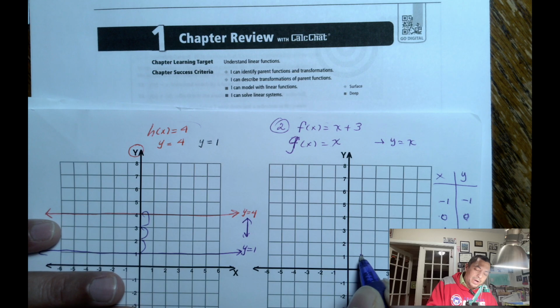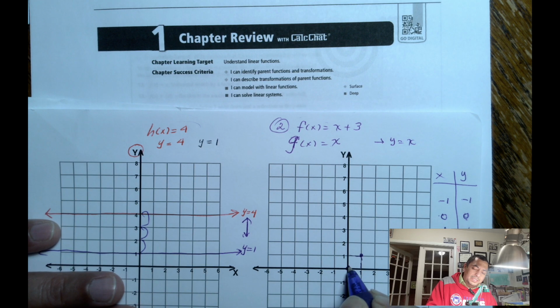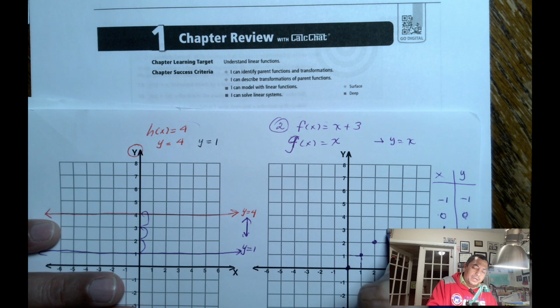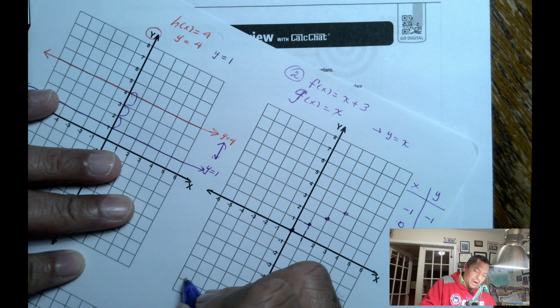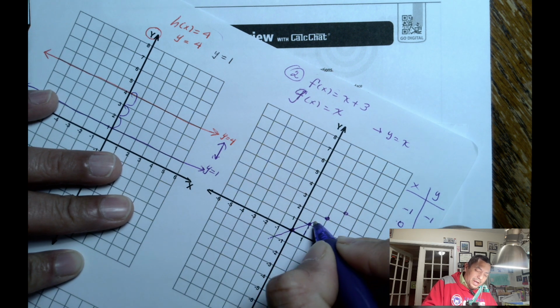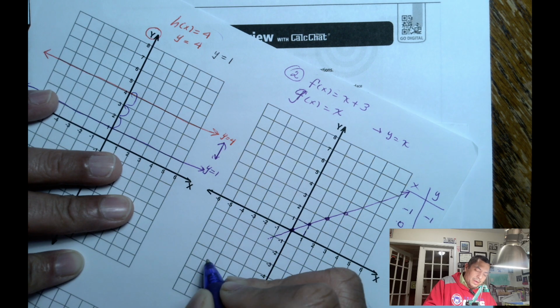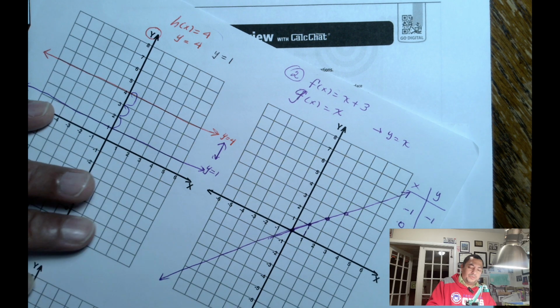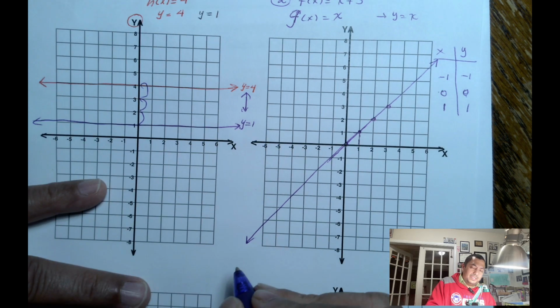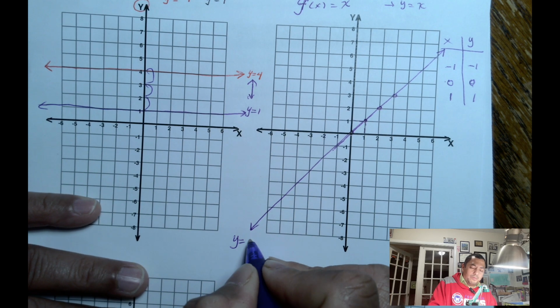And it follows. So what we can do is just graph a straight line that goes this way. I don't have a ruler right now, so I'm just going to do that one. That's the parent function. This is y equals x.